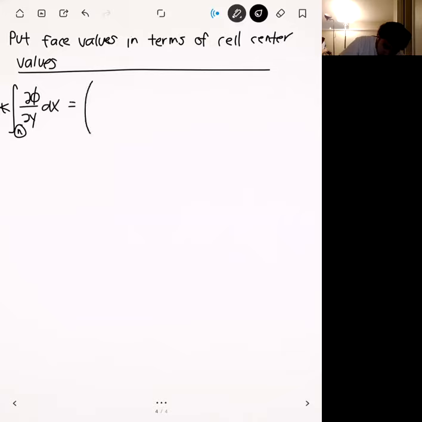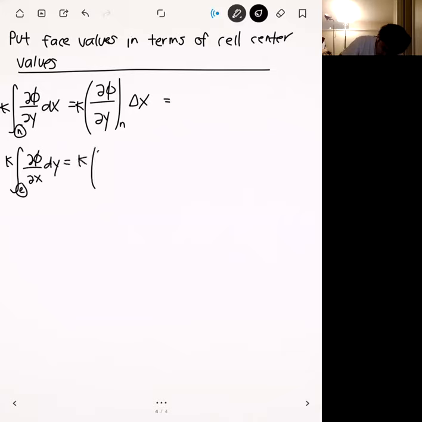And so right now the form that we have for this is partial phi partial y on the north face, delta x, okay, times k. Okay. And we have k, east face, partial phi partial x dy is equal to k, partial phi partial x delta y, okay.